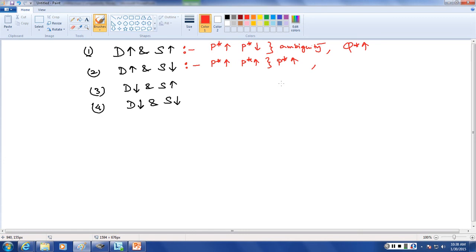You have ambiguity here. You see, the actions of the consumer would tend to drive up Q star, but the actions of the producer would tend to drive down Q star. Correct? So we now have ambiguity about Q star. Am I making sense to you here?